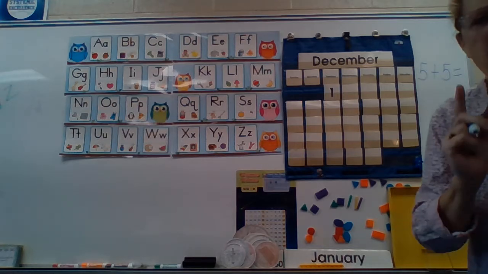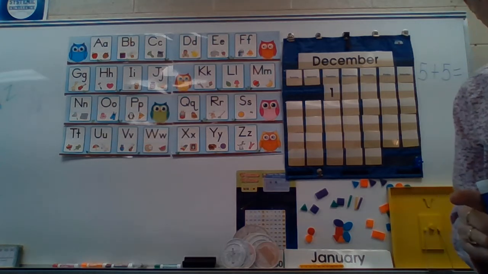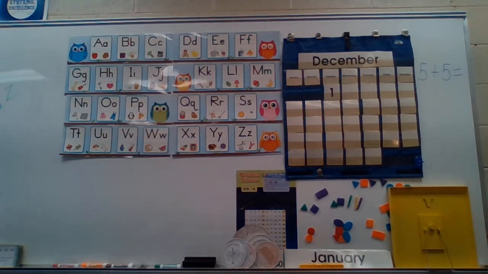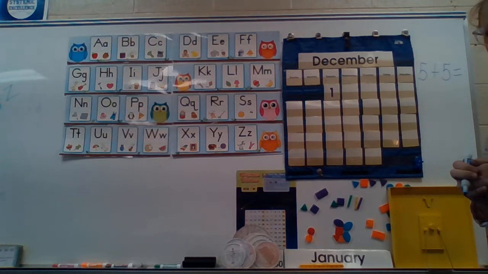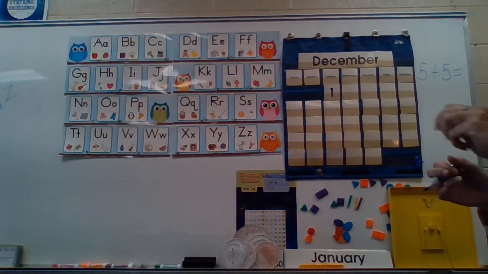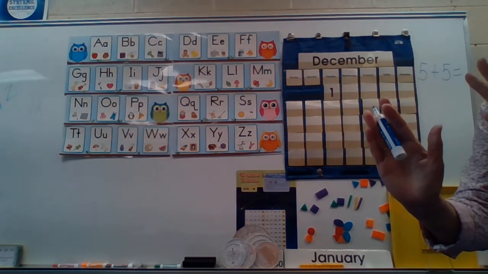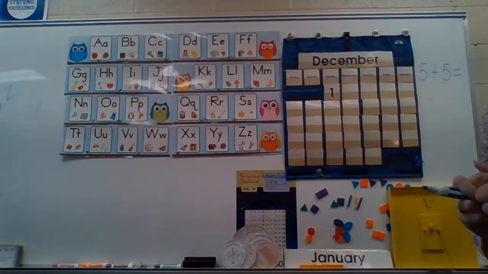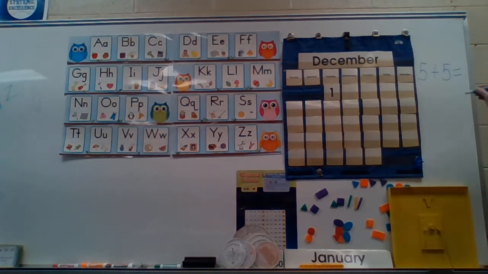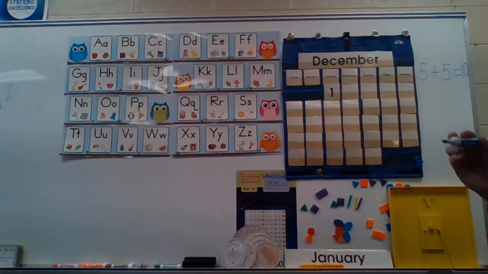Tell me what 5 plus 5 is. I'll give you a second. Now remember, you have 5 fingers over here and 5 fingers over here, and if you put them both up, how many is that? Because we know you have, that's right, you have 10 fingers. Oh my goodness. So 5 plus 5 equals 10.